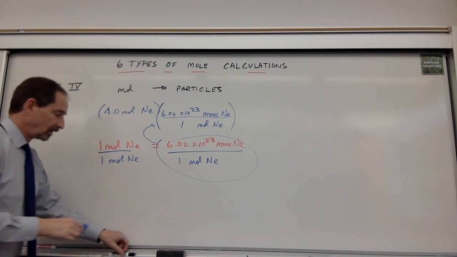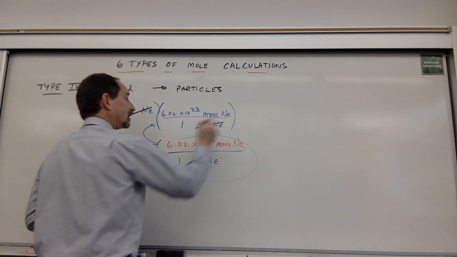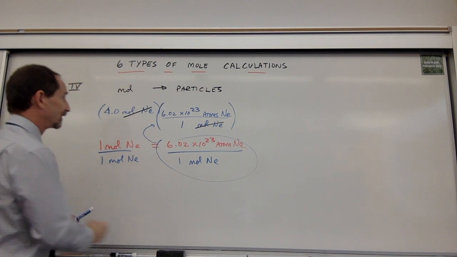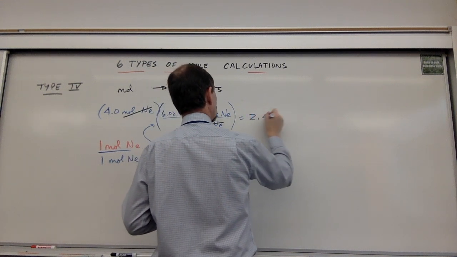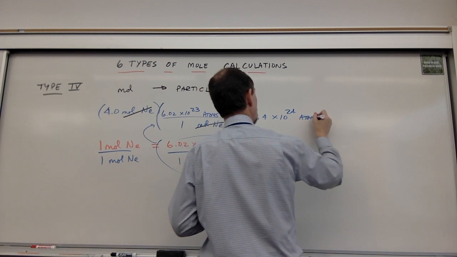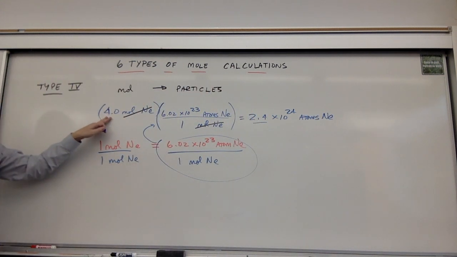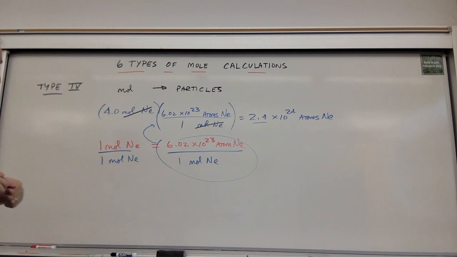Once again, my units must be set up correctly. Moles of neon cancel out, and I'm simply going to have atoms of neon as my answer: 2.4 times 10 to the 24th atoms of neon. 2 significant figures in my question, 2 significant digits in my answer. That's type 4.